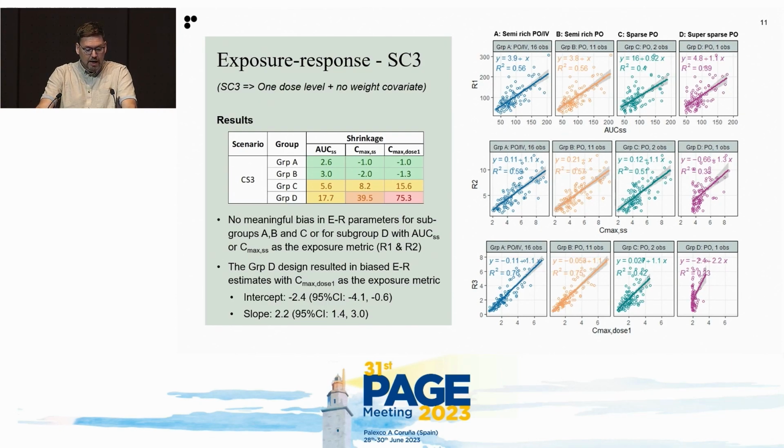However, for subgroup D, when we were looking at the response variable 3 that was related to Cmax after a single dose, we had a very high shrinkage, you can see here, of 75%, and as a consequence, we had a strong positive bias in the estimated slope, and consequently a negative bias for the intercept.